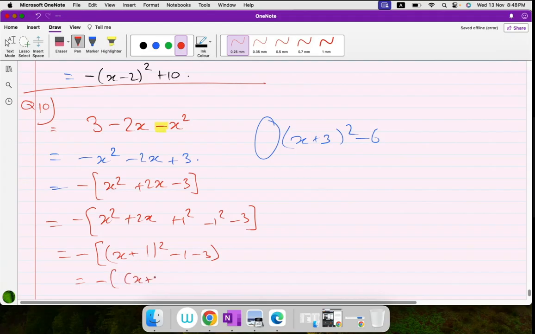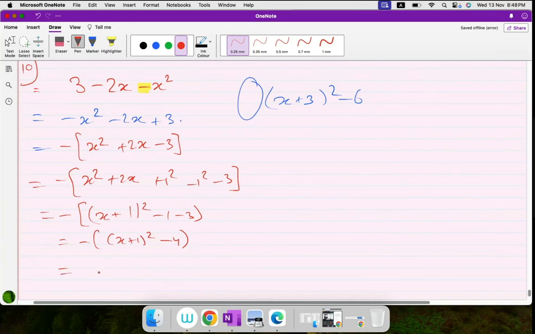This is x plus 1 whole square minus 4. Negative (x plus 1) square plus 4. Okay, sir. Yes, sir, I got it.